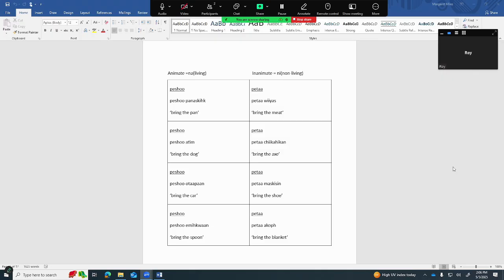We will practice saying and pronouncing the following animate and inanimate words. In the first, the animate words that we will do and say: atim, atim.